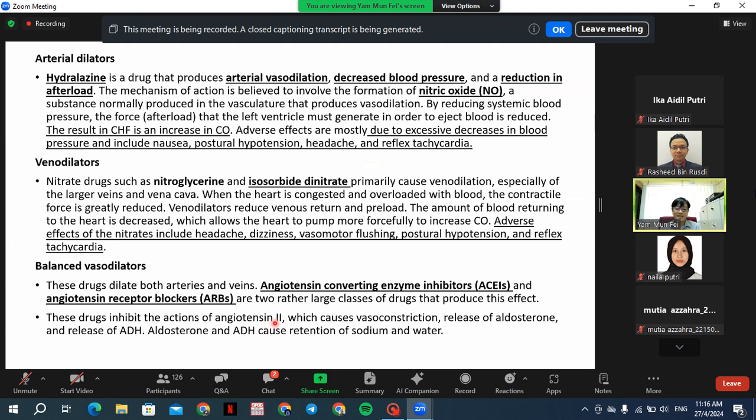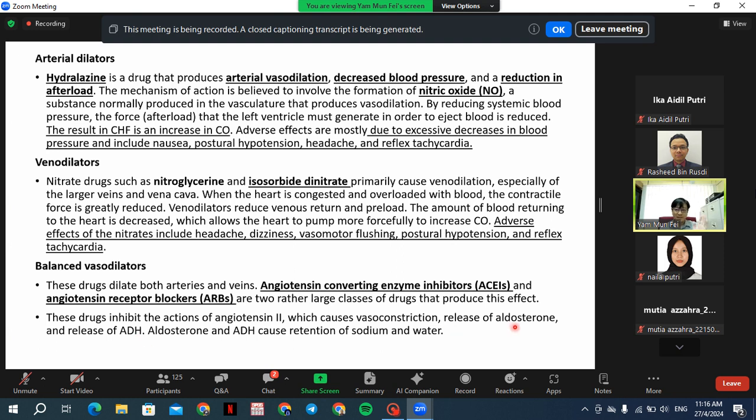We know it either prevents the production of angiotensin 2 or prevents the activity of angiotensin 2, which would cause vasoconstriction and release of aldosterone.